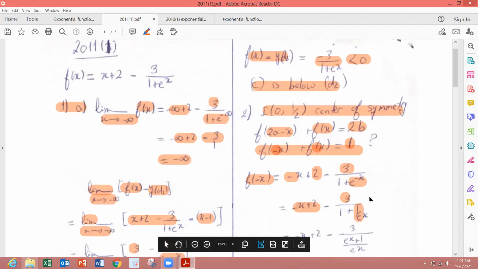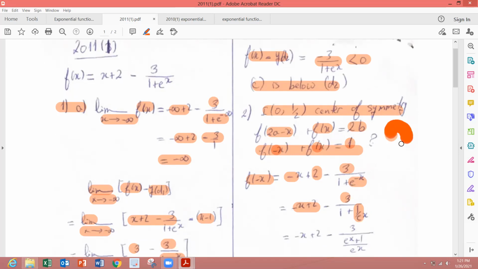So what did we do in this step? f(minus x). We are going to show that f(minus x) plus f(x) equals 1. This is what we have to prove. f(x) I have, f(minus x) I don't have, so I must find f(minus x).